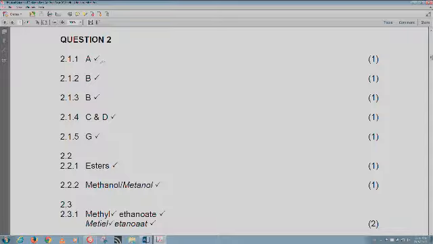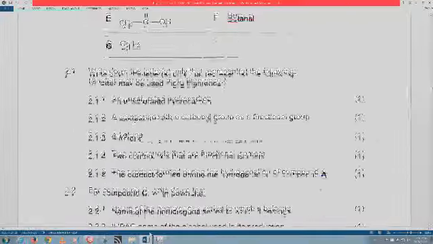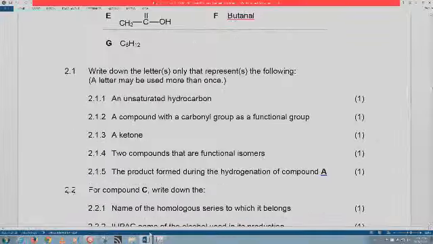Colleagues, don't forget, you just put the tick next to the letter and then you transfer the marks to the right-hand side of the script of the learner, that 1 mark. And then the next question was the letter that represents a compound with a carbonyl group as a functional group.